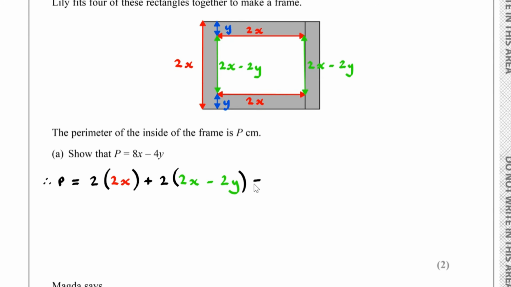So, we have 4x plus 4x minus 4y, which is equal to 8x minus 4y. That's what we wanted to show.